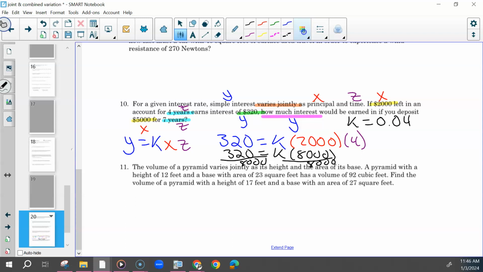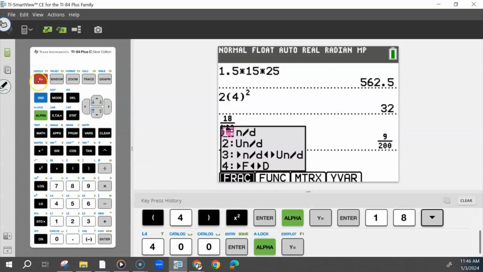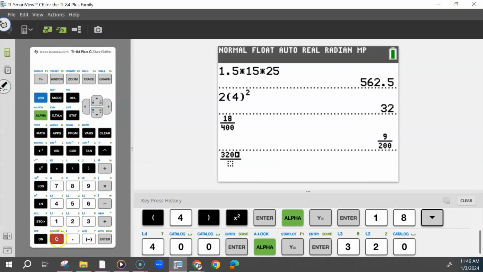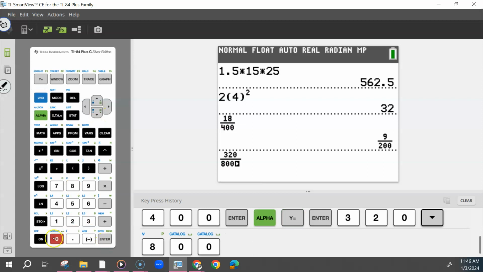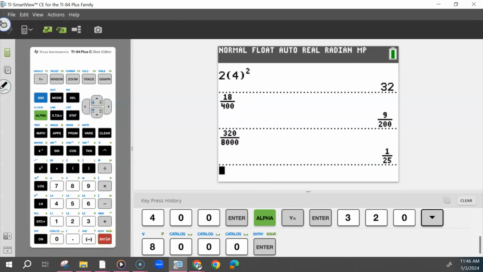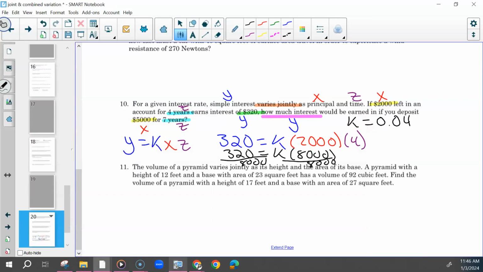Or if you wanted to leave that as a fraction, 1/25. So some of these you may need to leave as a fraction, that's why I keep doing that, especially if it's a repeating decimal.